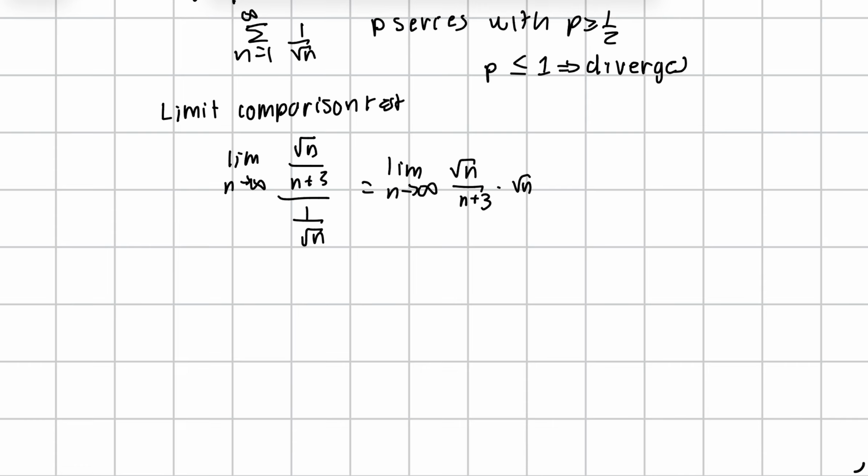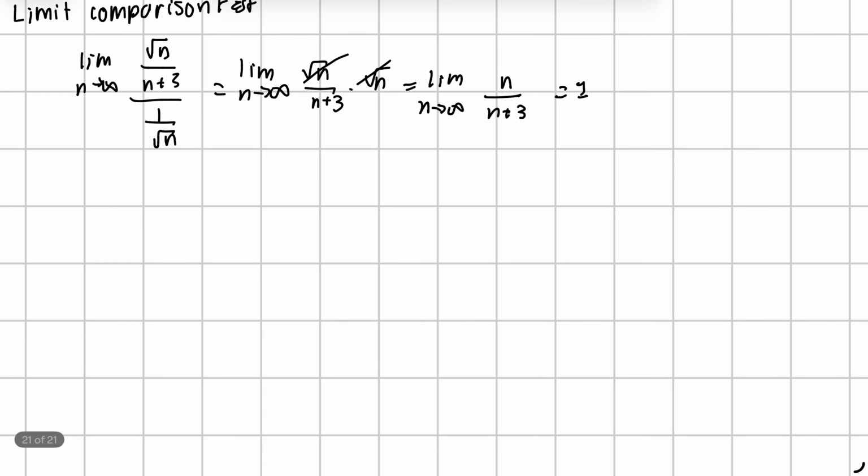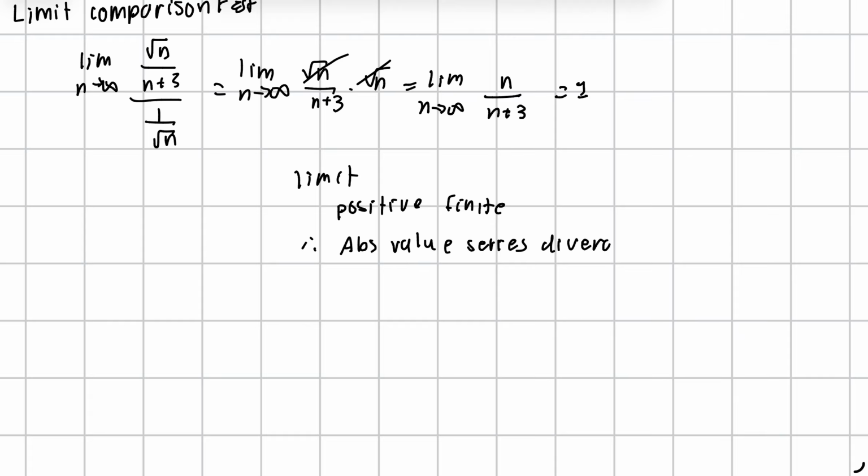So we can cancel out that square root, and we have the limit as n approaches infinity of n over n plus 3. That's all equal to 1. Because this limit is positive and also finite, our absolute value series diverges. Therefore, the original series is not absolutely convergent.